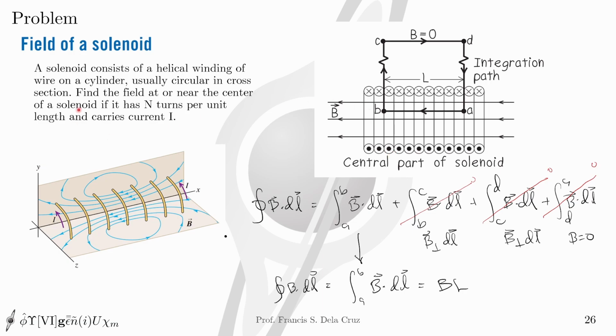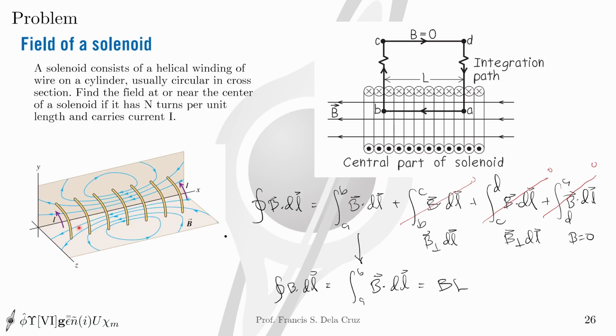A solenoid consists of a helical winding of wire on a cylinder, usually circular in cross section. Find the field at or near the center of a solenoid if it has n turns per unit length and carries a current I. So this is the solenoid. Somehow here the turns are a little bit wider.